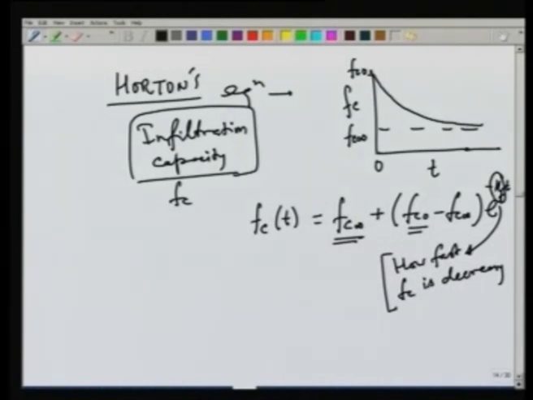So, if K f is large, then F c is decreasing very fast; if it is small, then it is decreasing slowly. So, that will be a function of the soil type.